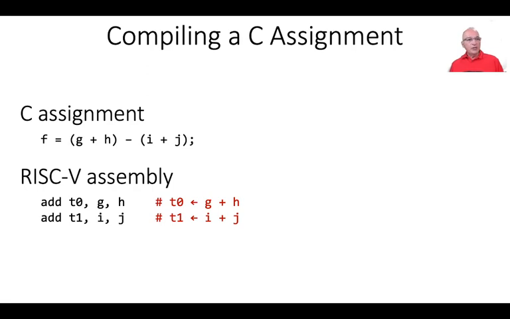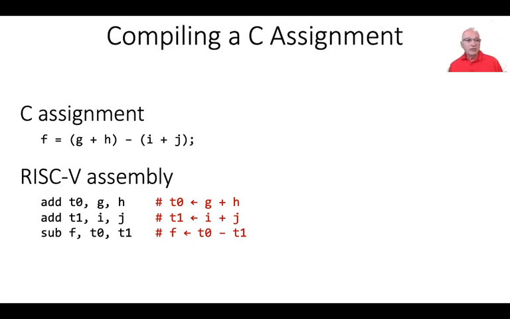Then we'll compute the summation of I and J and put the result in another temporary, T1. And then we can subtract the value of the 2 temporaries and have the result into F. So this is the sequence of operations that you'd execute in an assembly version of that C assignment.